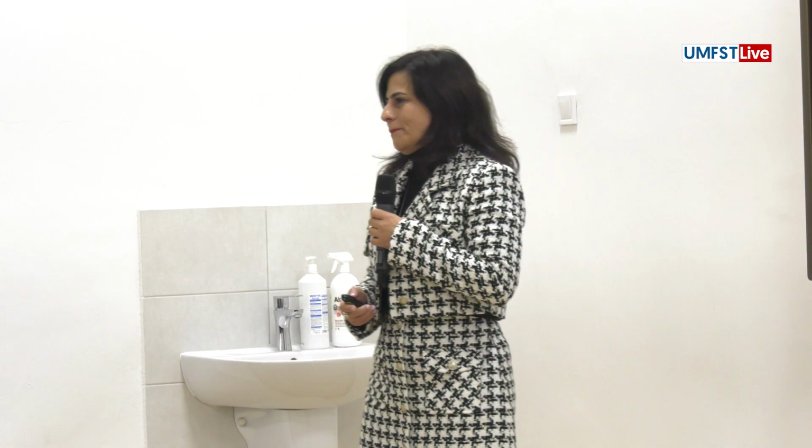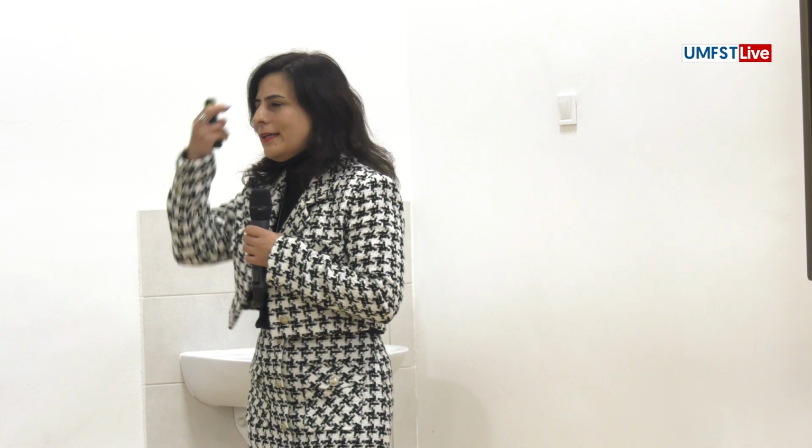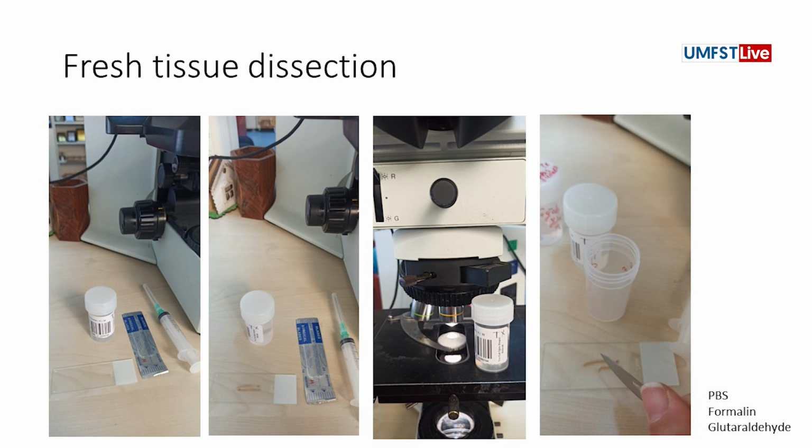This is my routine. They bring the fresh tissue from the biopsy center here in phosphate buffered saline, sorry, it's vice versa in Turkish, that's why it's not easy for me to translate.